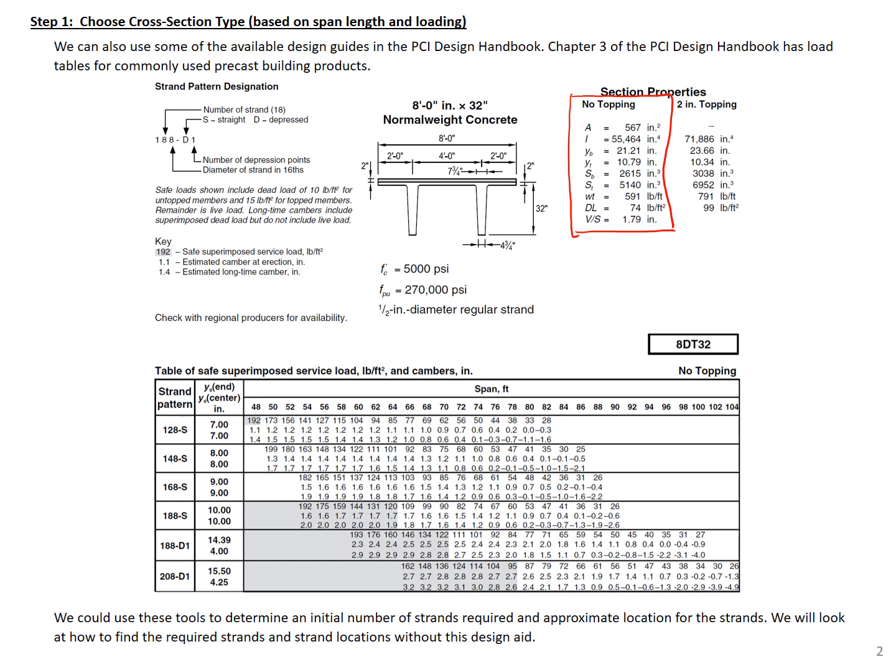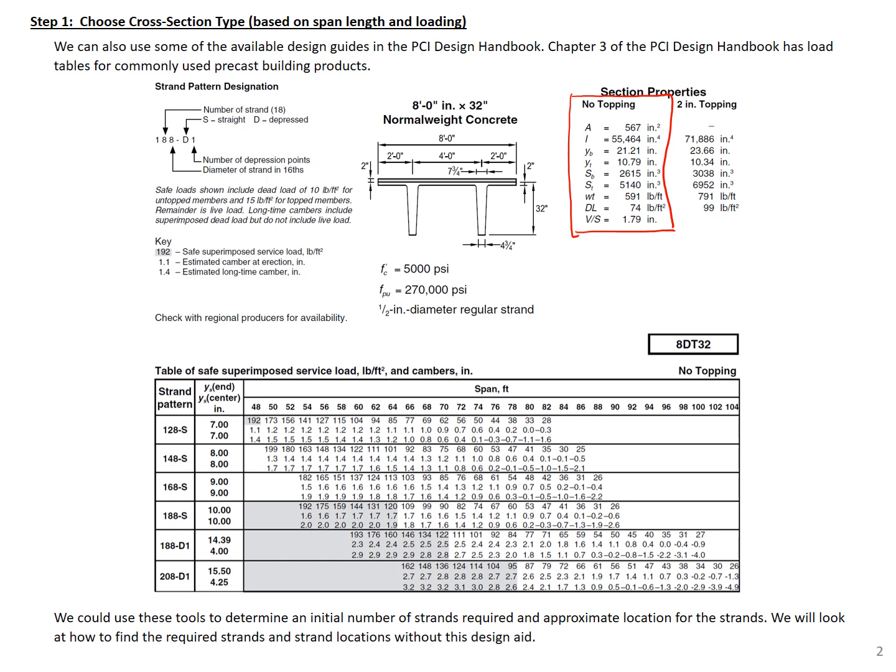So for all of our most standardized shapes, you'll be given the gross section properties that you can use in the design process. The PCI Design Handbook also has this table that allows you to get a good idea of the span length and the number of strands and the location of those strands for different loads and different span lengths.